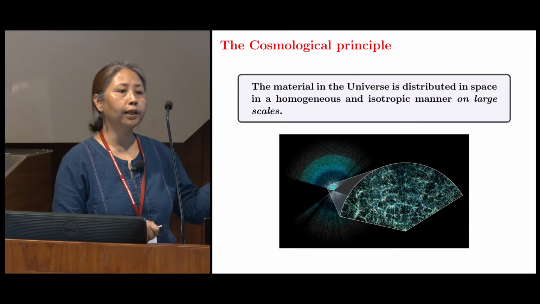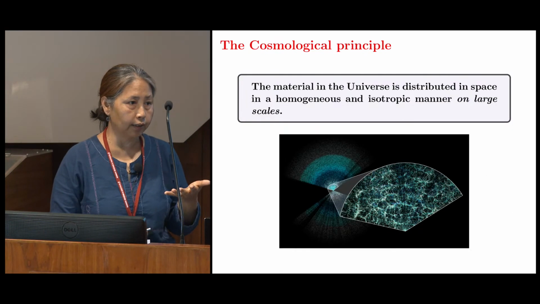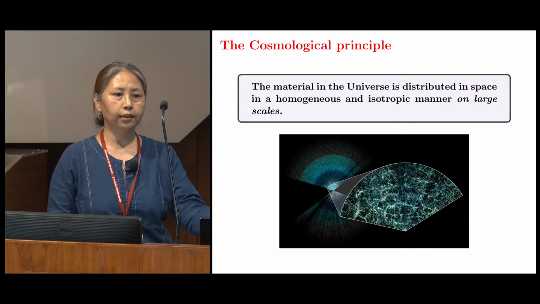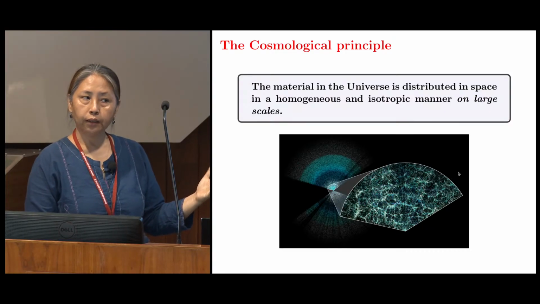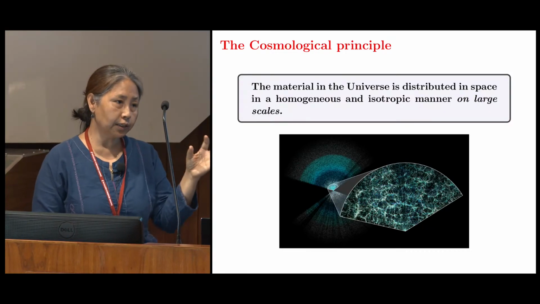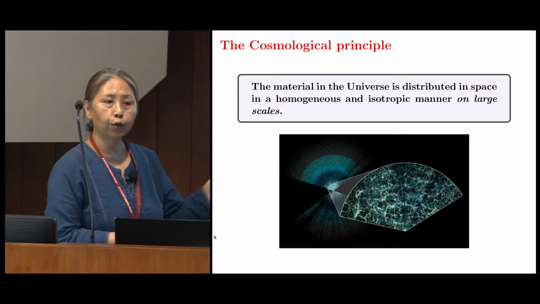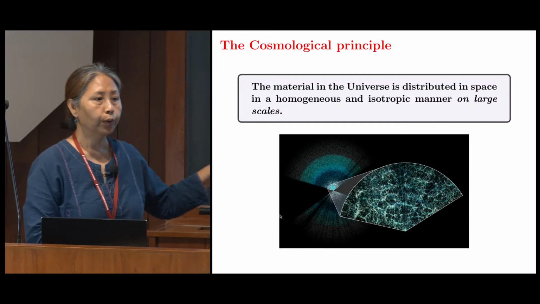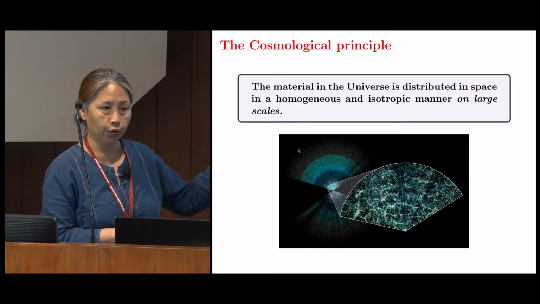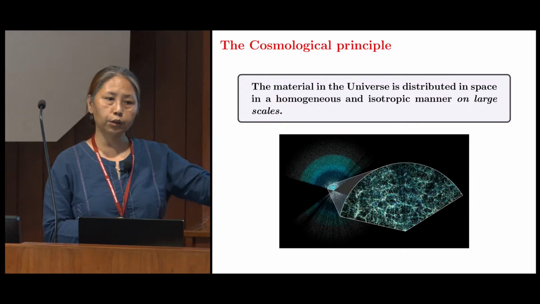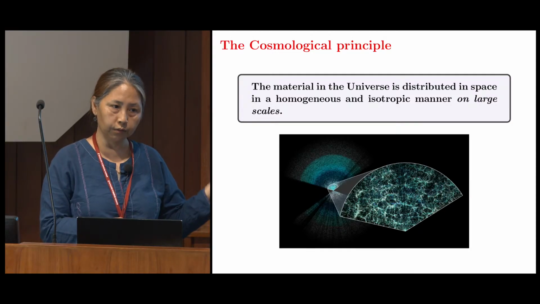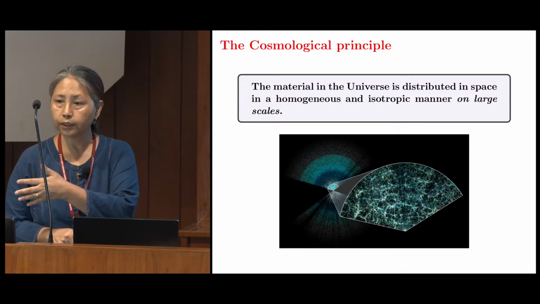So this is today with data that we have already collected, we are able to test it. But the error bars are still large, and this is quite a hot topic of research, whether it is really isotropic or not. You will find in the literature papers using CMB data or large scale structure data.